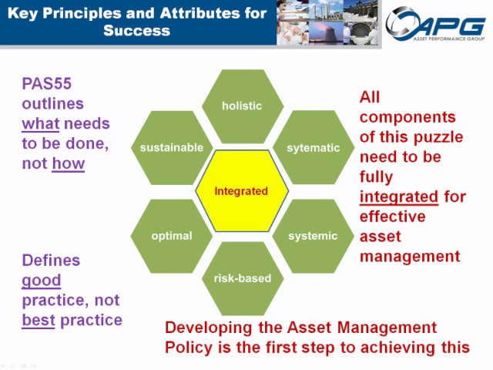If we look at the key principles and attributes for success, PAS-55 looks at an integrated approach that looks at all of the elements. It's holistic, it's risk-based, it's optimal. One of the things I like to point out is that PAS-55 outlines what needs to be done, not how. Rarely do they say you must do this or dictate the detail that needs to be done.